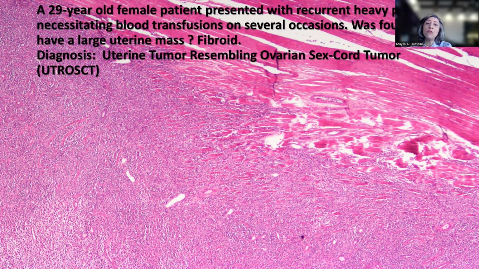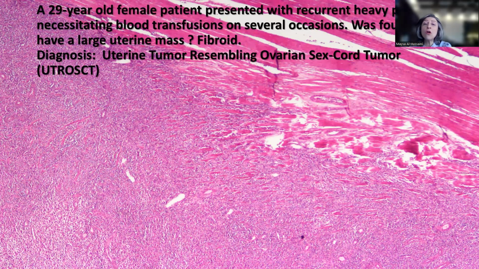The possibility of this rare entity should come into the differential diagnosis, and it's usually easily settled against the other differential diagnoses because of the immunohistochemical profile, where the tumor, as I mentioned, shows this polyphenotypic characteristic with different lineages of differentiation along the sex-cord stromal tumors, similar to the ovarian tumors, along the smooth muscle, and along epithelial differentiation.